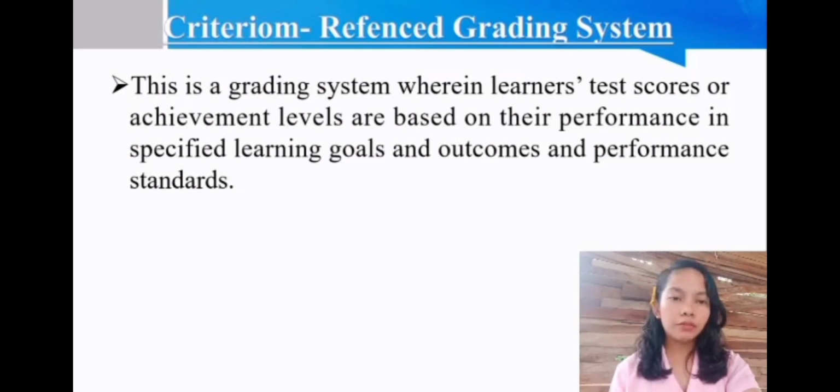Here in criteria, we set a given mastery standard. We set a given percentage of scoring by which we could say that this person passed or failed. We set a level of mastery.